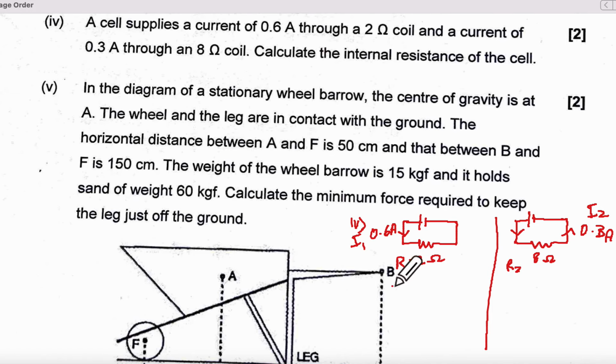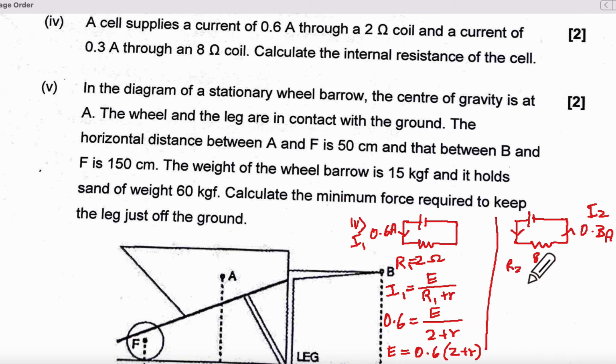Okay, now we know that I1 will be equal to E upon R1 plus R. So 0.6 is equal to E upon 2 plus R. Correct? So E is equal to 0.6 into bracket 2 plus R. Now looking at this, tell me, what should I write here?